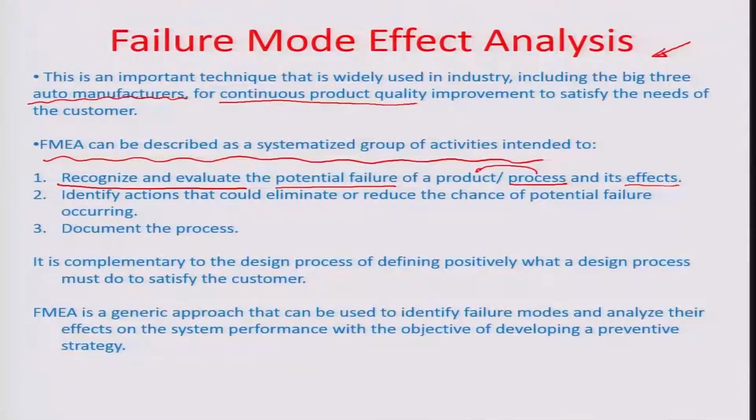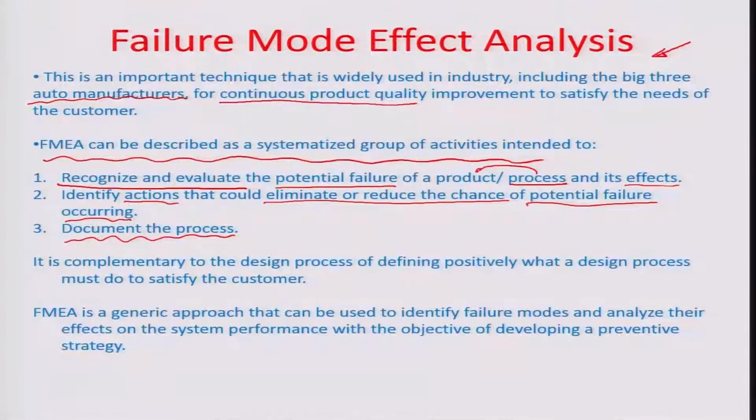Then we can identify, as a process of the FMEA, some actions or countermeasures that could eliminate or reduce the chances of such potential failure modes happening, so that you can have quality improvement within the product design and also product manufacture. And then finally you document the process in a proper manner so that references can be made in the future.